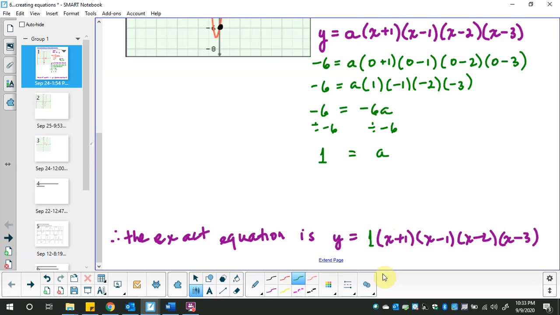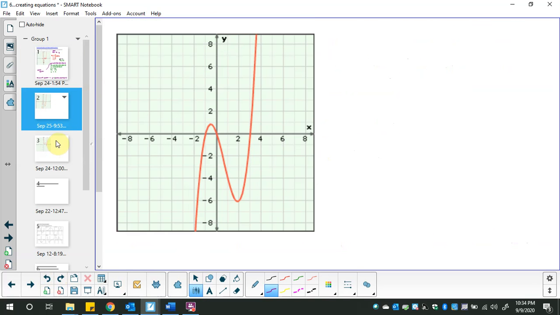And just to specify, that thing we made before we did all the solving for a is called a possible equation. As in, it's not 100% complete, but it's pretty close. So we're going to do that again with this next question.